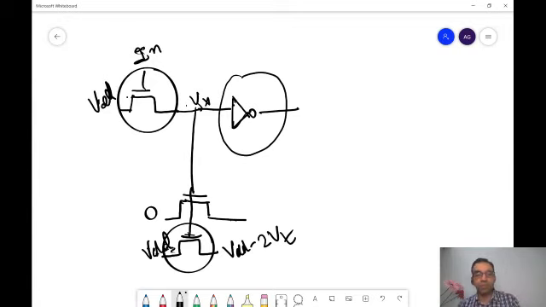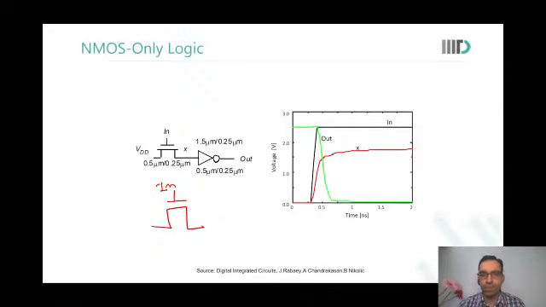So you see, this doesn't work. You will have to use an inverter there. Anything else that is not clear yet?